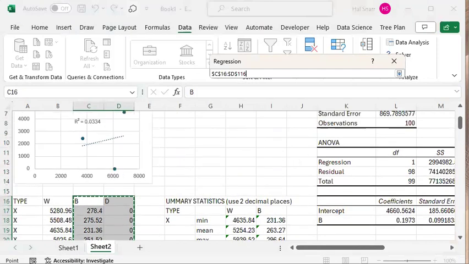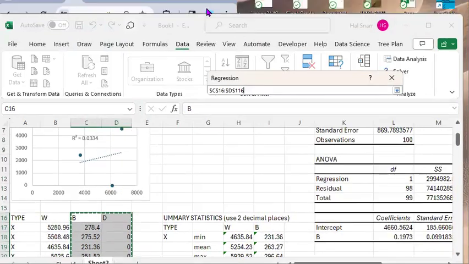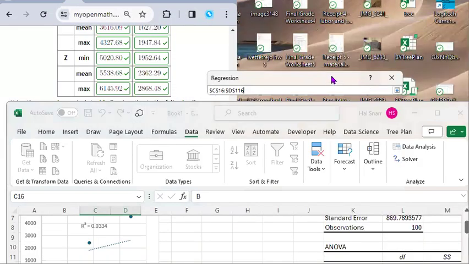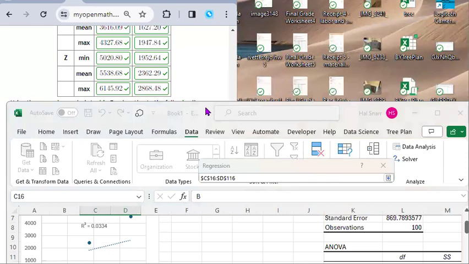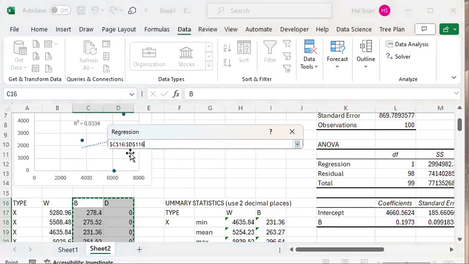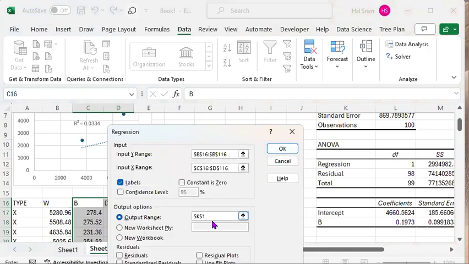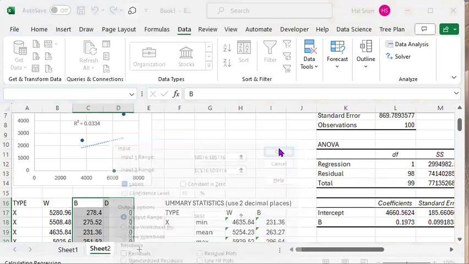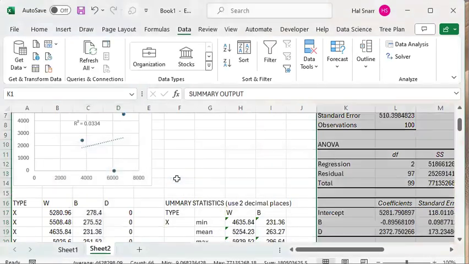So I've got columns C and D loaded from rows 16 to 116. Then all I have to do is hit OK, and that will cover up my results over here.